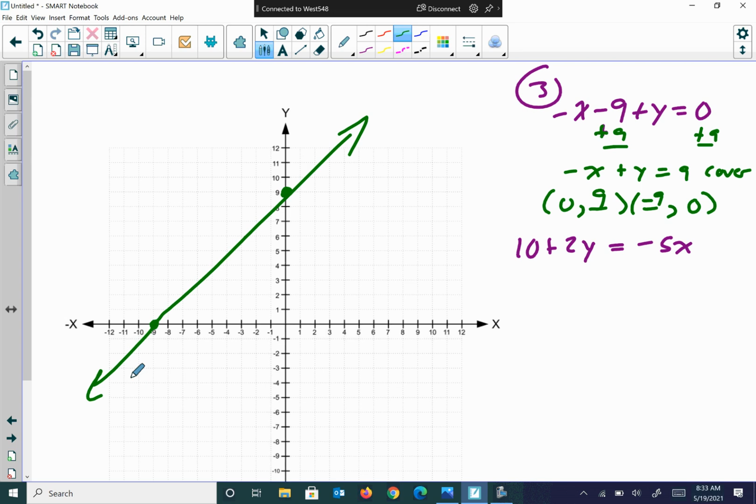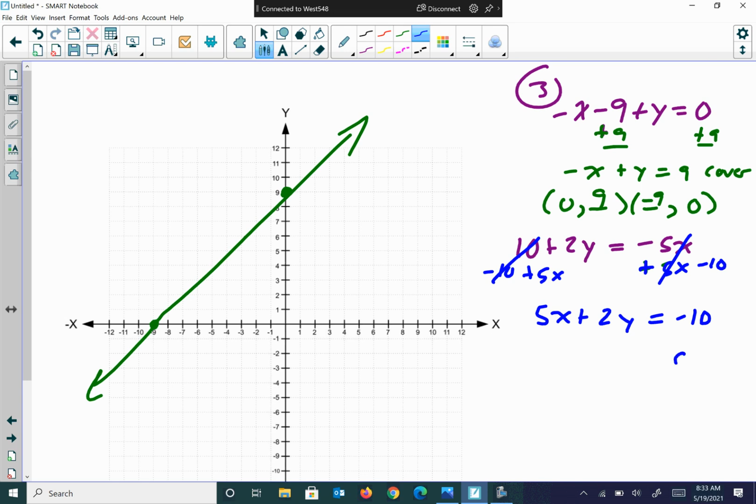So there's the first problem. Second problem, I don't know if I would do cover method at this point. I'd probably add 5x to both sides, bring this over, and then also subtract 10 from both sides. So those cancel and those cancel. So that gives me 5x plus 2y equals negative 10.